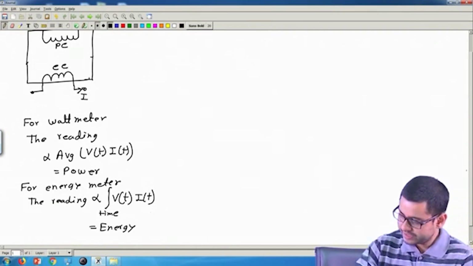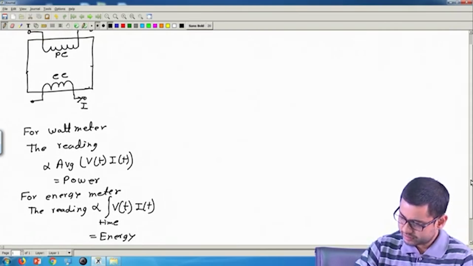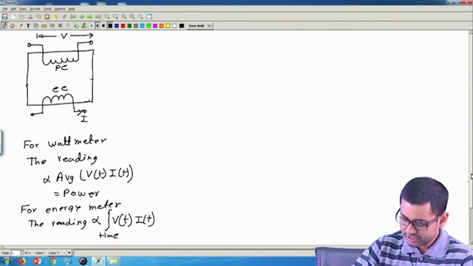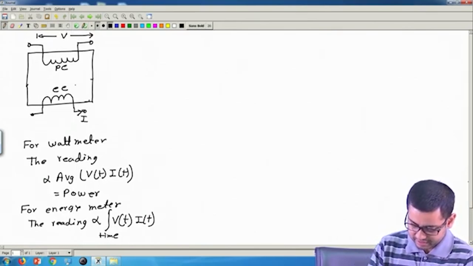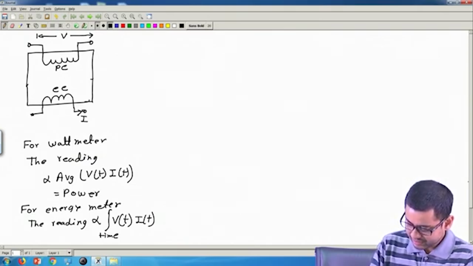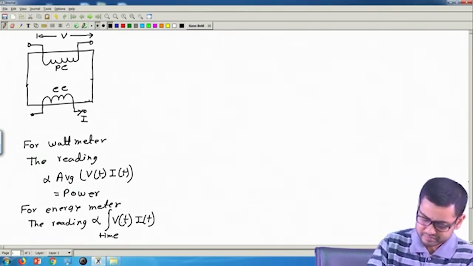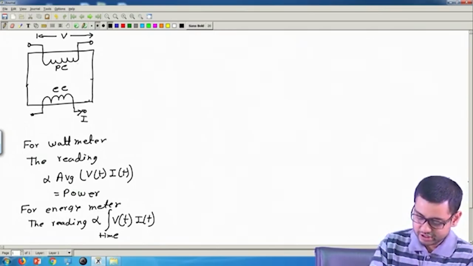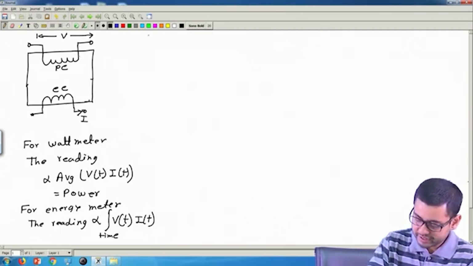So, essentially both of them are quite similar. The only difference between them is that both of them take the product of V and I. The watt meter, after taking the product, calculates the average, and the energy meter, after taking the product, calculates the sum. That is the difference. So, the connection of a watt meter or an energy meter will therefore be similar.